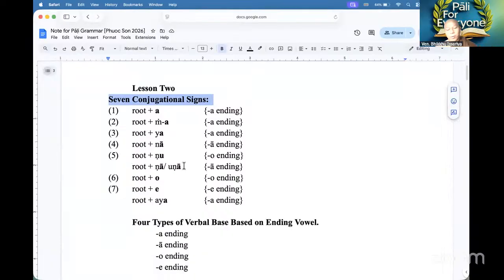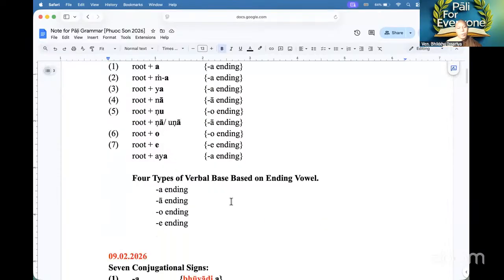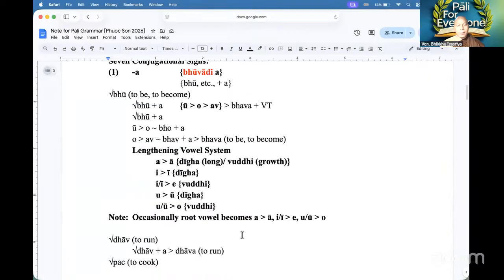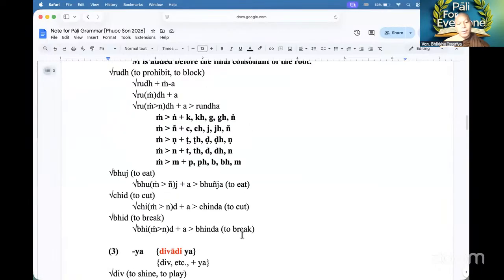But even though there are 7 signs, if we focus on the ending, there are only 4: the I ending, U ending, O ending, and A ending. That is why, generally, when we analyze the verb into root, conjugation sign, and verb termination, from those 4 endings we can consider.